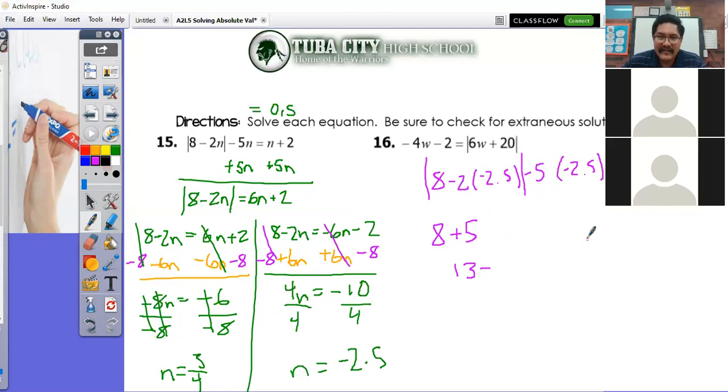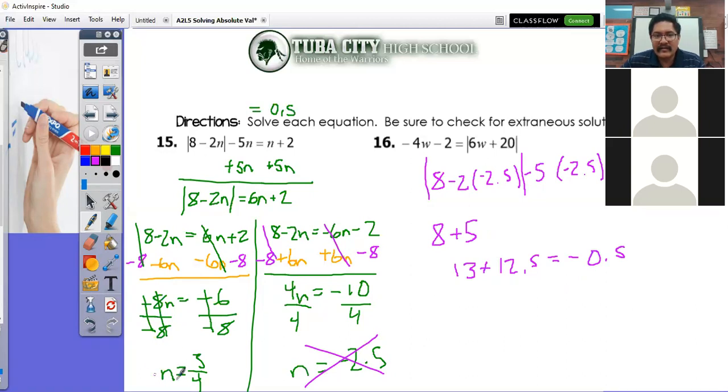If I double 5, that's 10. 10 plus 2.5 is 12.5, and that'd be plus, because negative times negative equals positive 0.5. And if this was negative 13, it would work out. But I can tell this is not going to work out, which means this is not a solution.